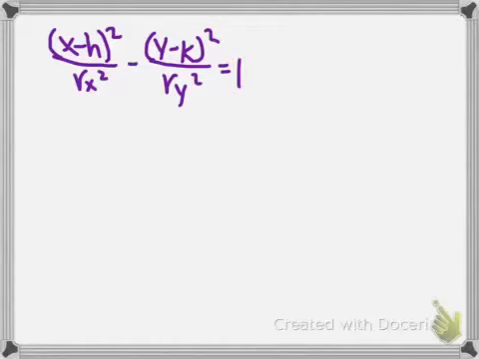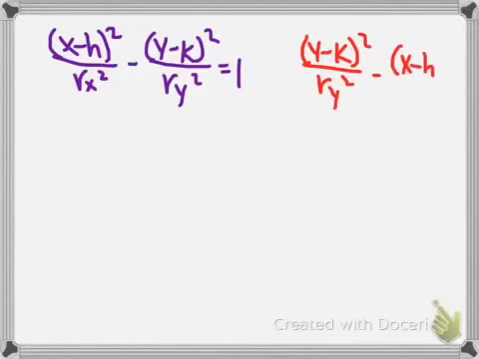If it's subtraction, it's a hyperbola. Now it's horizontal because the x minus h in parentheses squared fraction is positive, and then it would be a vertical hyperbola if the y minus k in parentheses squared fraction is positive. So the purple one here is horizontal and the y one here is vertical.